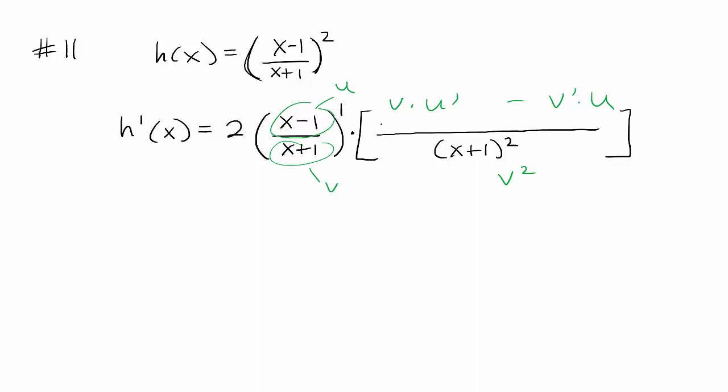In the numerator, I'm going to keep the v part, the denominator, so the x plus 1. Chain on the derivative of u. u is the x minus 1, so its derivative is just 1. We're going to subtract. Take the derivative of v now, which is just 1. Keep u, which is the numerator, x minus 1. And then we've taken the derivative, and now we're just going to clean this up a little bit.